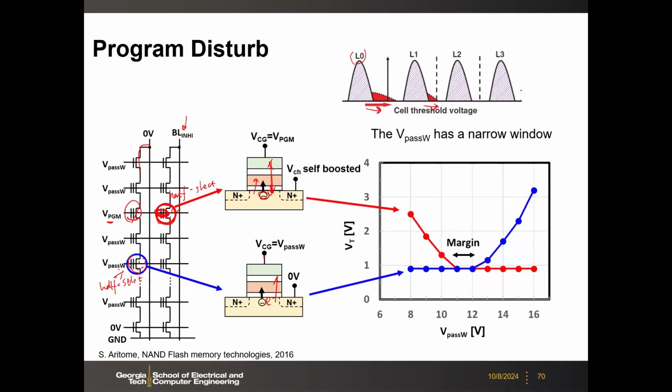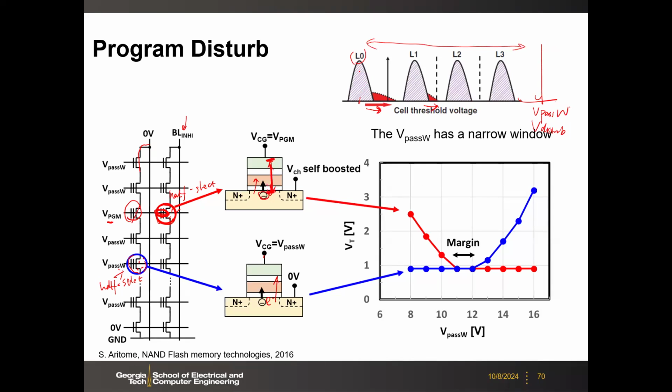Why is that? Because your V pass W is somewhere here, right? Or let's say the difference between the channel and the gate voltage, your V disturb. Because this cell has a low threshold voltage, the effective voltage drop across this stack is different.